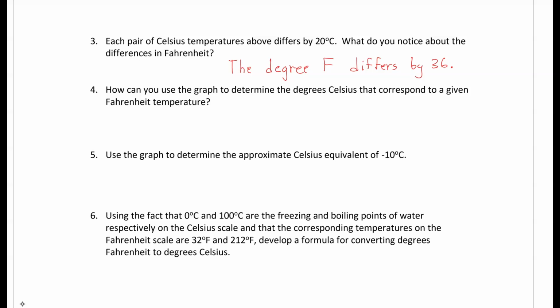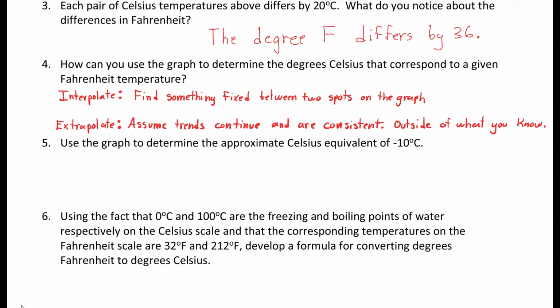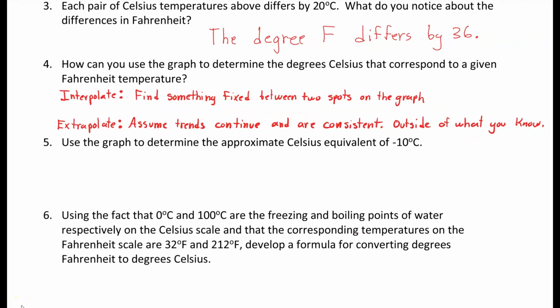For question 4, it says, how can you use the graph to determine the degrees Celsius that corresponds to a given Fahrenheit temperature? Now, there are two different terms we're going to use to determine how we're going to find this. The first one we're going to talk about is interpolate. Interpolate is finding something fixed between two spots on the graph, inside of the data you already have.